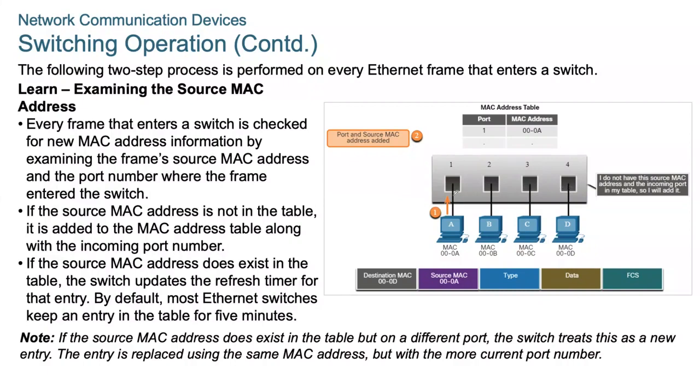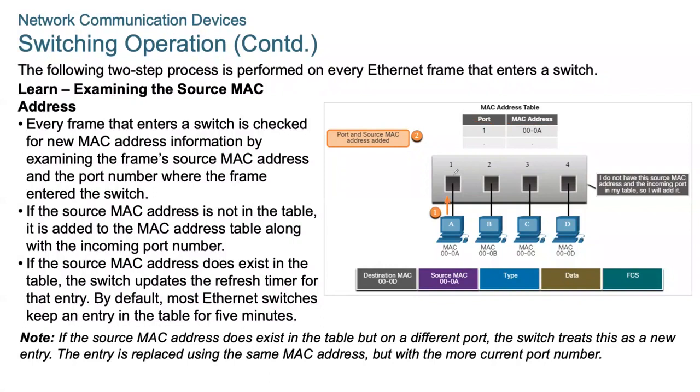When computer A tries to send a message to any other device, upon receiving the packet, which we call the Ethernet frame, the switch tries to build a MAC address table. In the MAC address table, the entries are one, the port, and another, the MAC address.